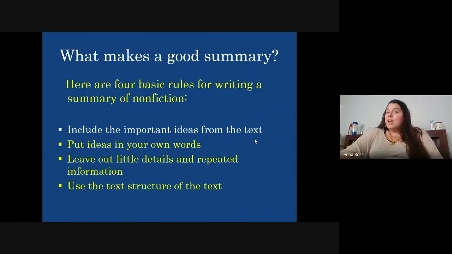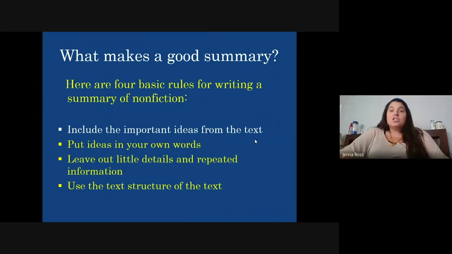That means that we're not just copying and pasting, we are writing out our own words, our own thoughts from our brain. And leave out little details and repeated information. So those unimportant things like the color of their shirt or what they ate for breakfast, those probably aren't the most important details. So you want to leave those out when you're writing your summary.